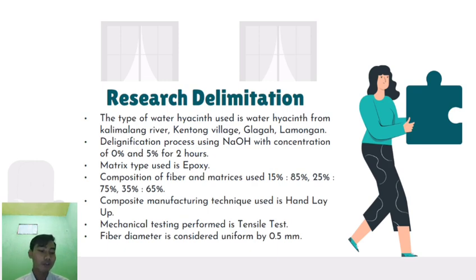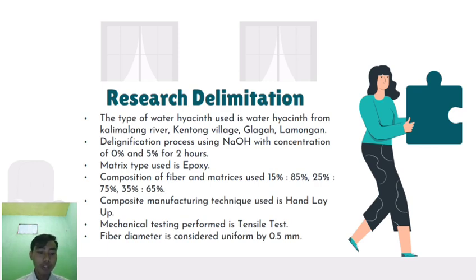The composite of fiber and matrix uses 50% to 85%, 25% to 75%, and 35% to 65%. 5.